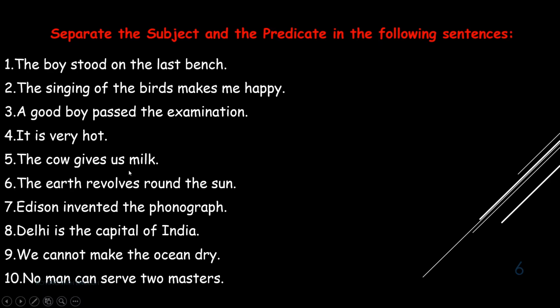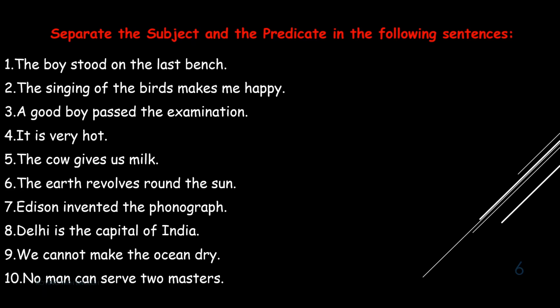The cow gives us milk. The earth revolves around the sun. Edison invented the phonograph. Delhi is the capital of India. We cannot make the ocean dry. No man can serve 2 masters. Have you found out the answers?